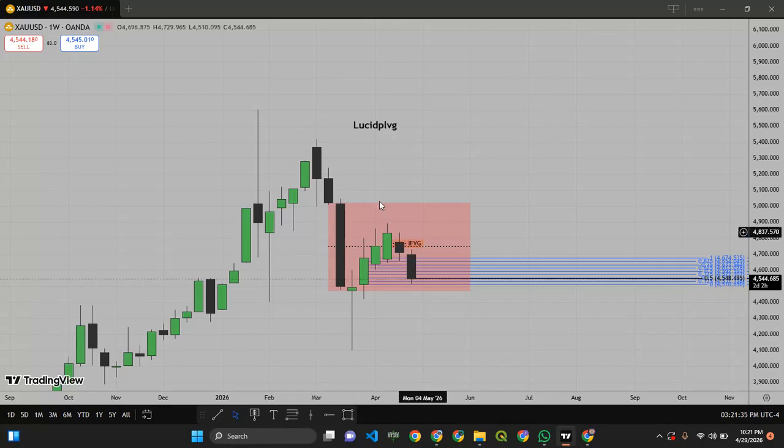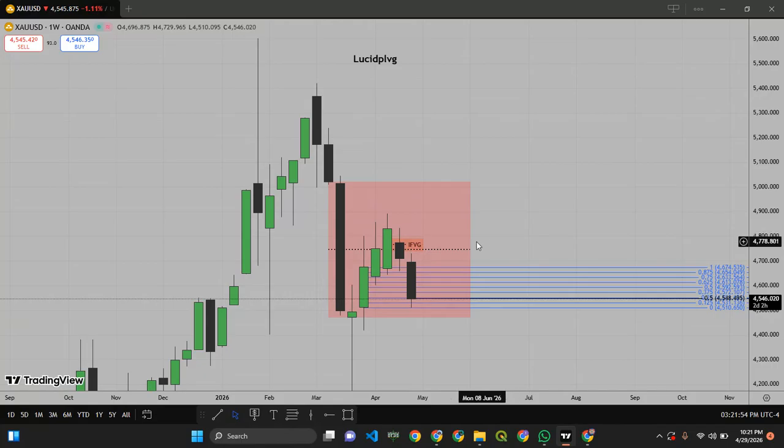First of all, just notice that we are working below this equilibrium here, the center of this sell side imbalance. It's called the consequent encroachment. So just remember that we are working on the lower part, and that is the discount part.